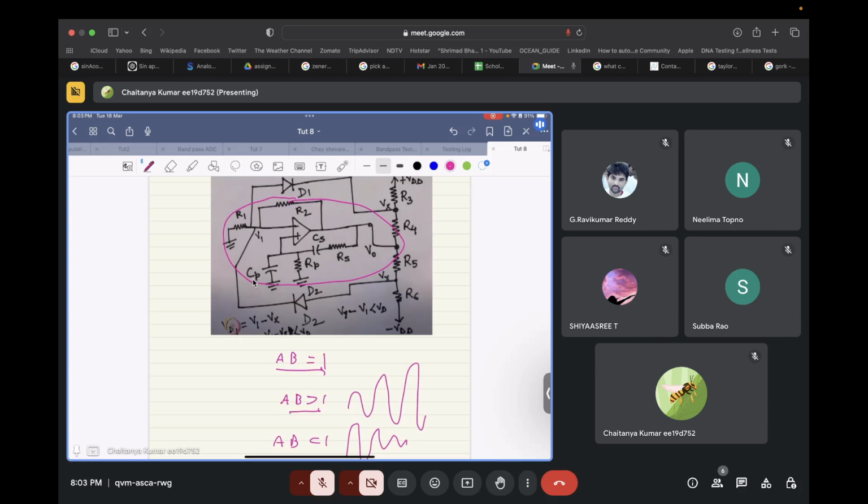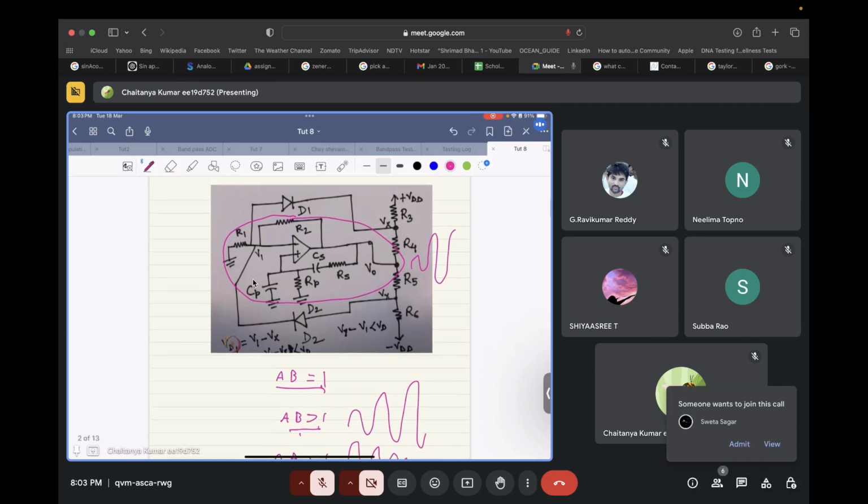So your output voltage will always start to amplify because A beta is greater than 1 at whatever oscillation frequency we have. But Vx will be something like a resistor divider between R4 and R3, so R3 divided by R4 plus R3, correct?